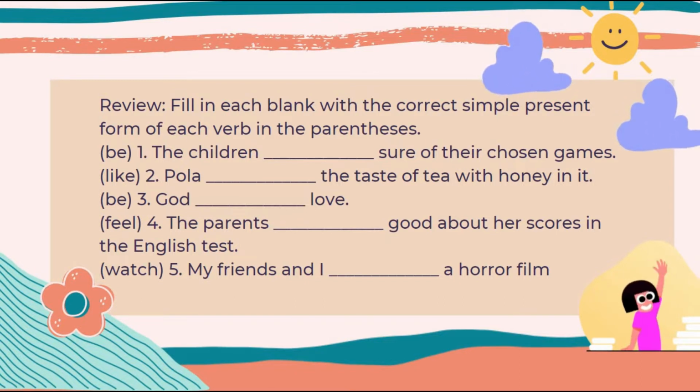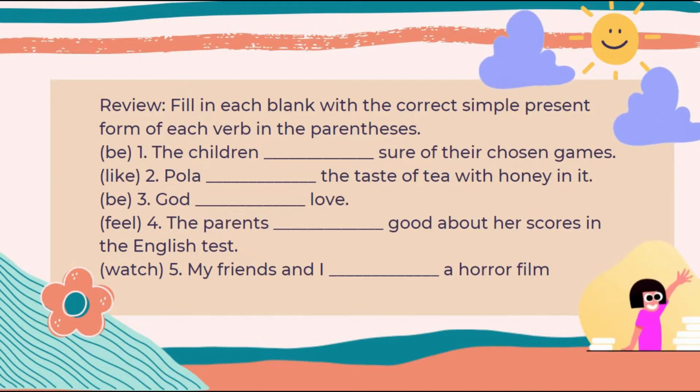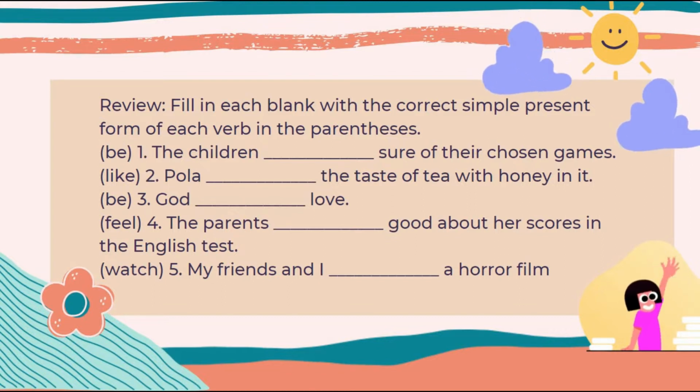Number 3, please. God blank love. Great. Okay, you're doing great, class. Number 4. The parents blank good about her scores in the English test. What is your answer? Feel. Great job.